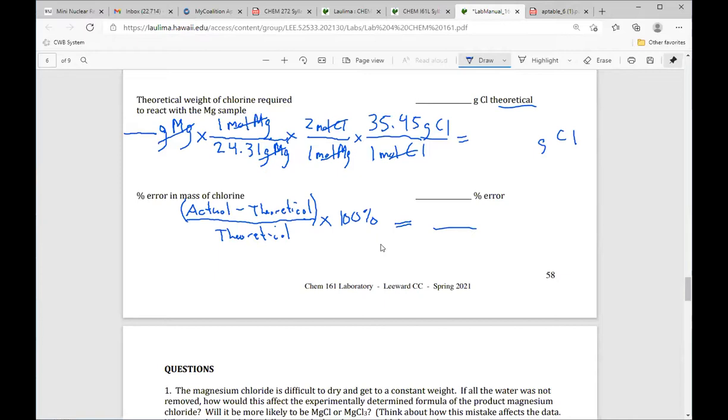And so it could be positive or it could be negative. It tells you the direction. Like if your actual is low, then it'll be negative, I believe. If your actual is too high, then the error will be positive. So show the sign of the error, whether it's positive or negative.